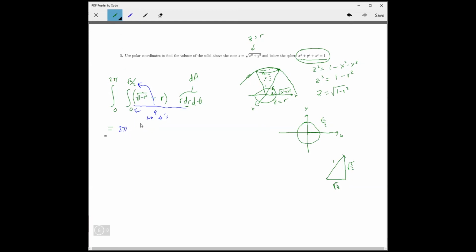If we carry the r in, we get r times the square root of 1 minus r squared, minus r squared, dr. All of the theta part resolves to just 2 pi, and all we have is this integral in r.